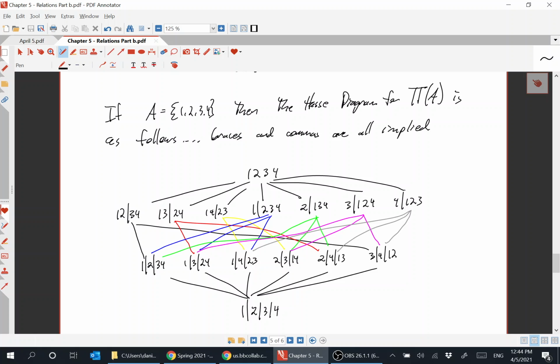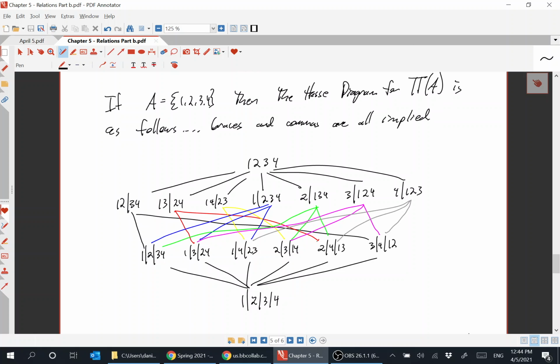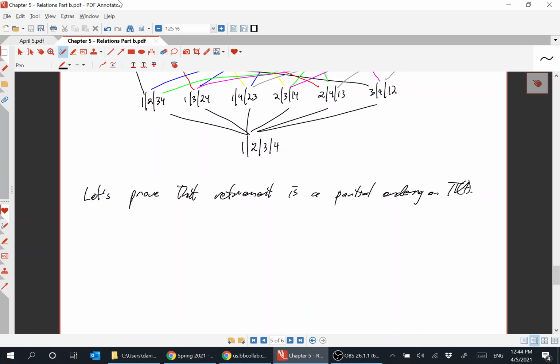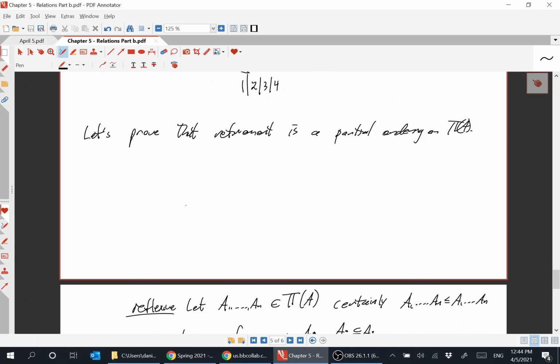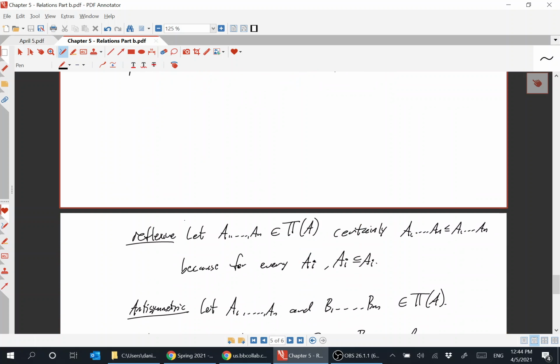Right, so the set that you're partitioning A has 4 elements, and that gives you 15 partitions, and those partitions split up into levels like this, right? 0 level, first level, second level, third level. Not all partially ordered sets do that, although this one does. So let's prove that that refinement is a partial ordering.